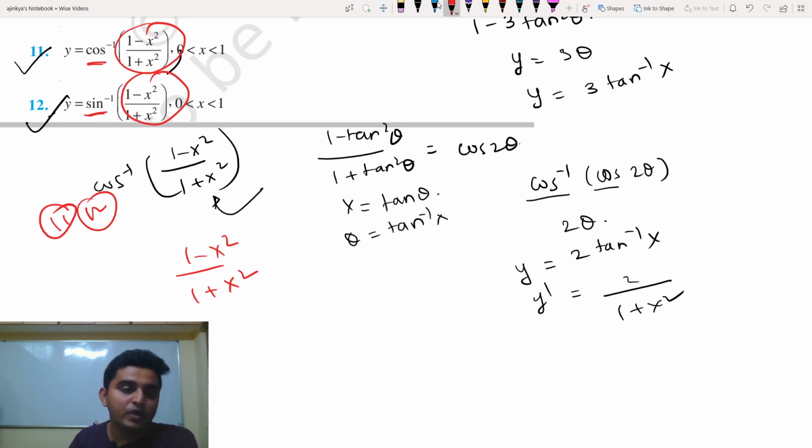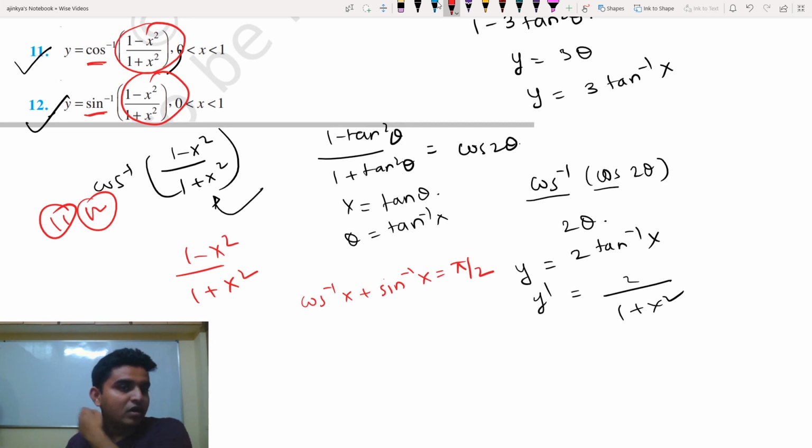So how do we understand that? How are we going to solve this question? This is an easy trick to tackle it, which is understanding that cos inverse of x plus sine inverse of x is nothing but pi upon 2.